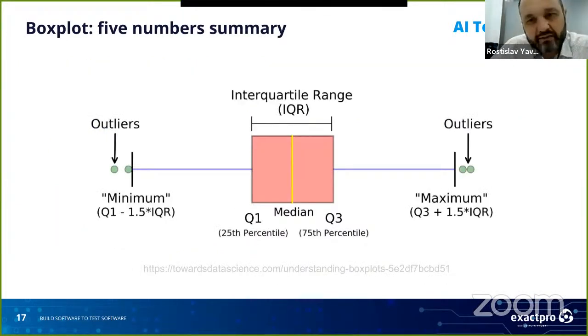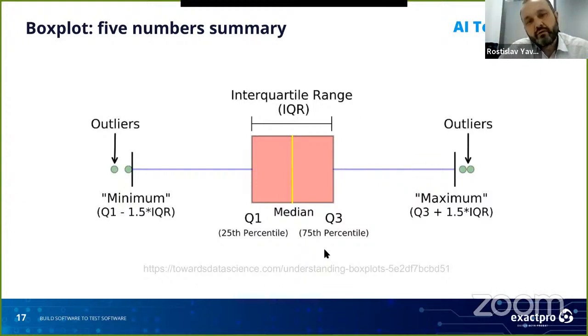But again, this five-number summary could be visualized using this kind of diagram, which is called a box plot. And the idea is simple, right? You indicate this interquartile range, colored here with pink, and you can indicate minimum and maximum.